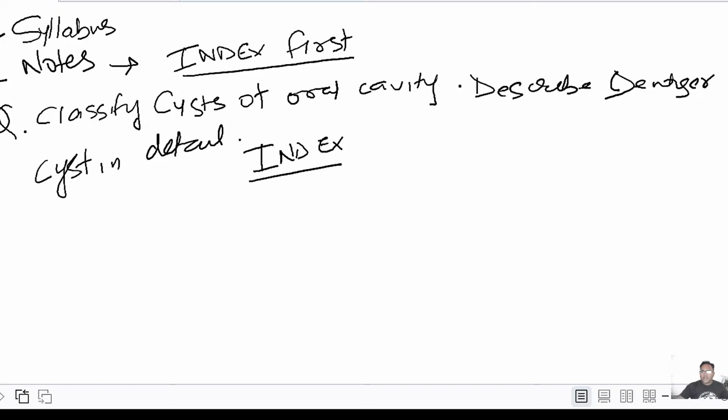So what will be in the index? As the question is asked, you will write classification first.